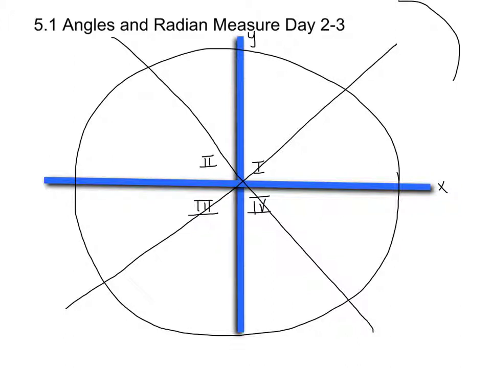Which means that now this is 1/8 of a revolution. Remember, a revolution is 2 pi radians. So if you do 1/8 of 2 pi, you're going to get pi over 4.